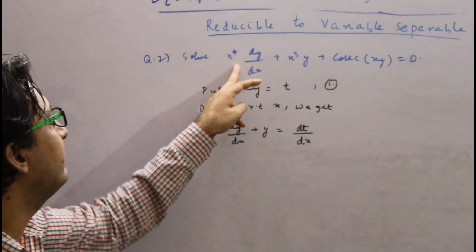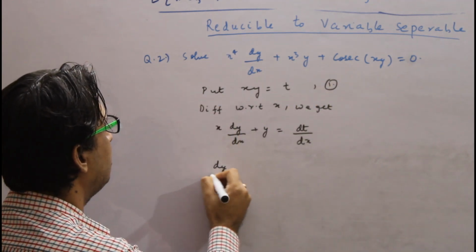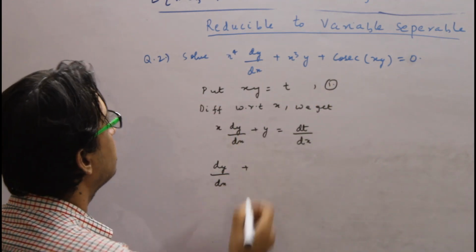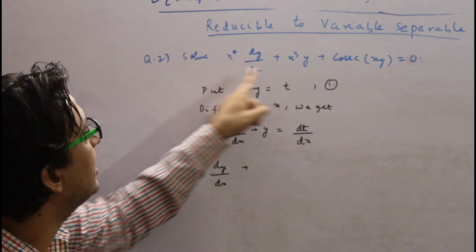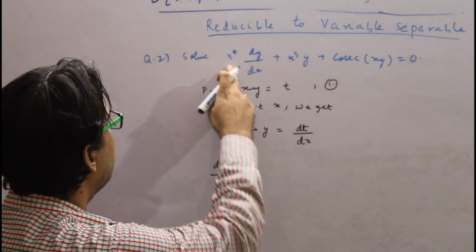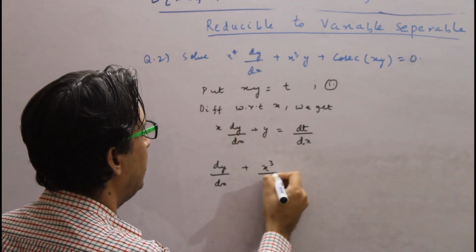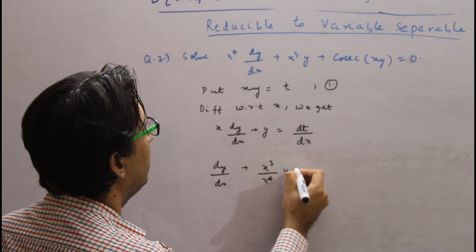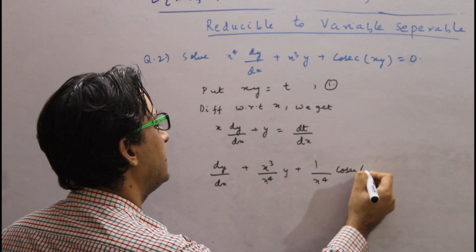Before that, I would like to simplify it. If I write the original equation dy by dx plus, if I just divide by x to the power 4 throughout this equation, this becomes 1, this becomes x cube by x to the power 4 y, plus 1 by x to the power 4 cosec.